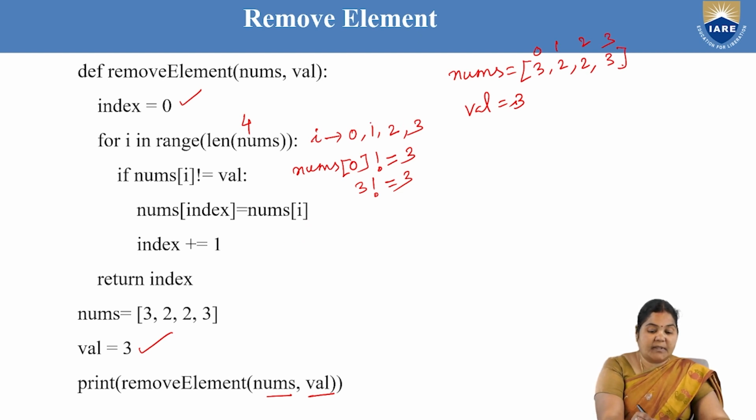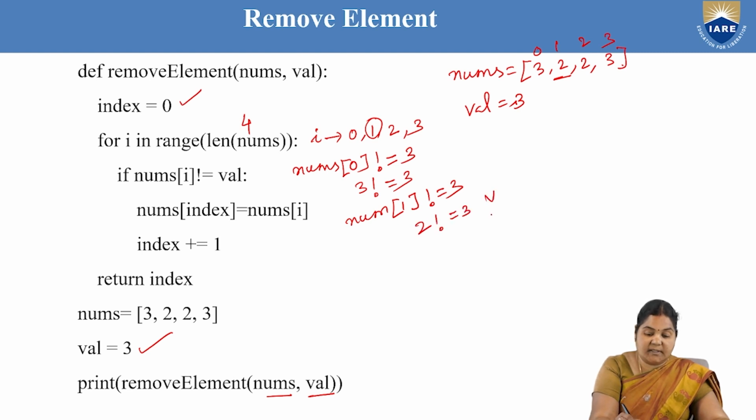Then the second time i is equal to 1. Now nums of 1 is not equal to 3. Nums of 1 contains how much? 2. 2 is not equal to 3. Yes. If it is yes, then what are we going to do? Nums of index, index number is the 0th index.